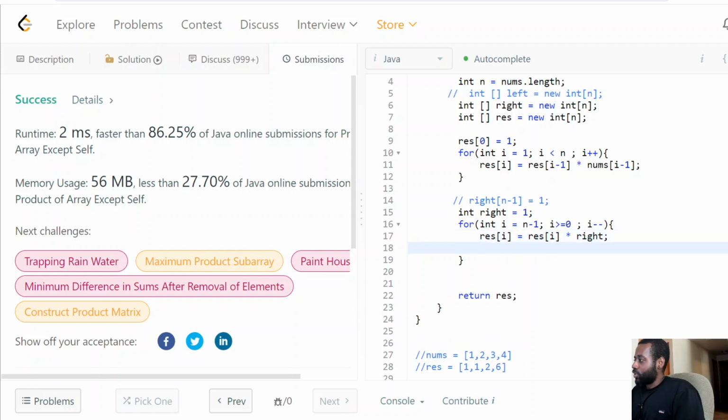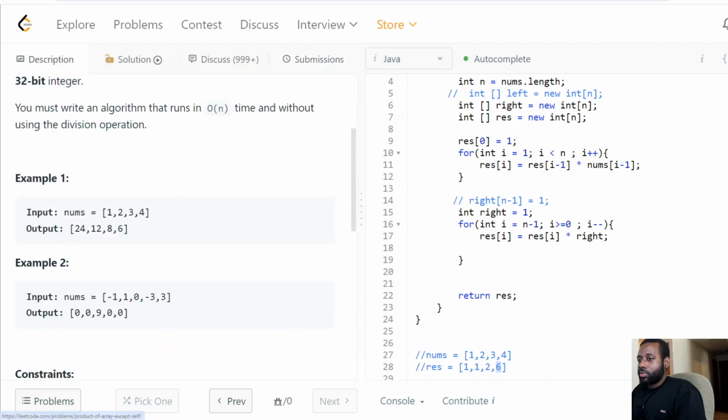Originally right equals 1, so for the last index we do 6 times 1, which equals 6. It stays 6, which is the answer we have here.